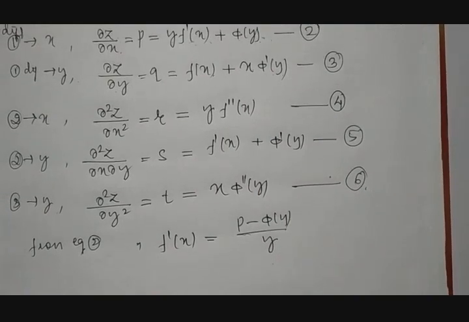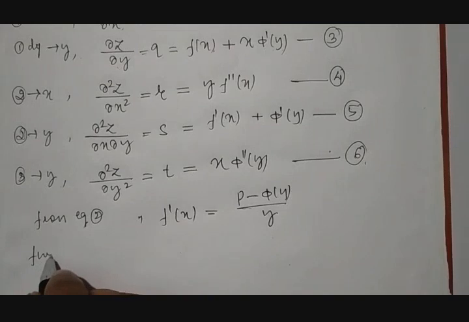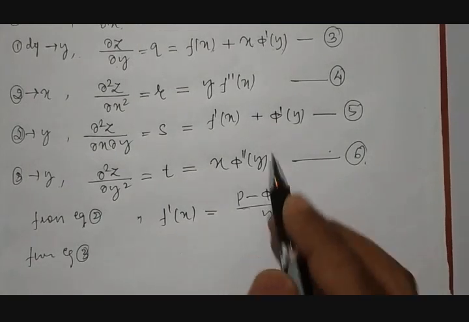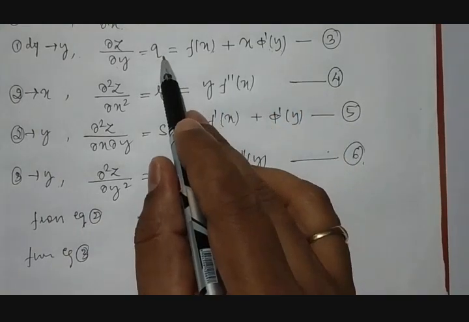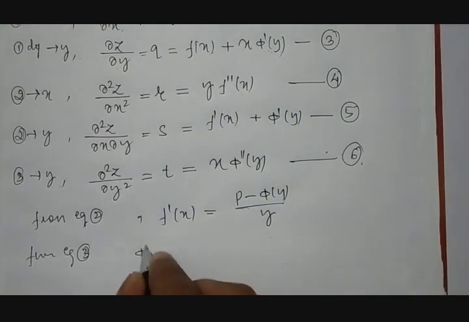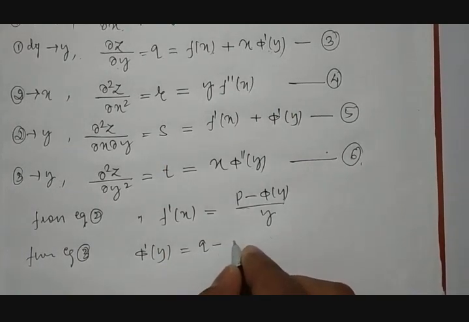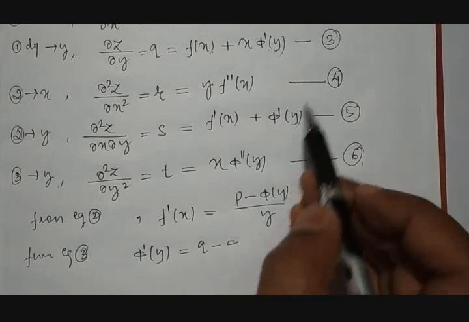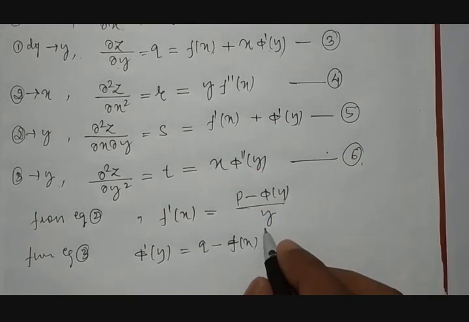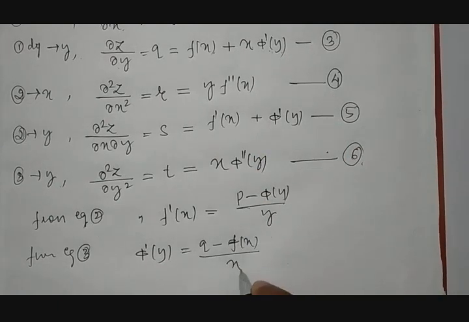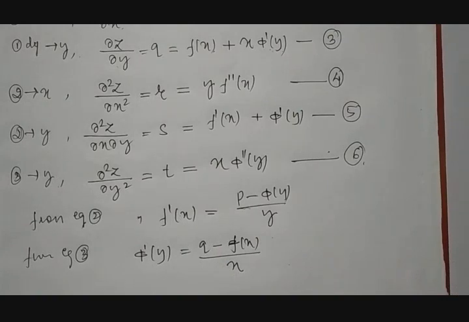Then similarly from equation number 3, let us try to get pi dash of y. So x into pi dash of y is equal to q minus f of x, divided by x. Okay, so we got pi dash of y and f dash of x.